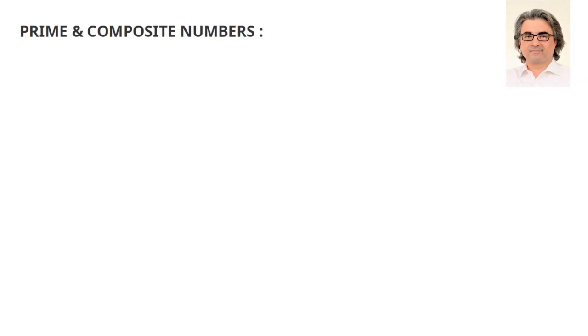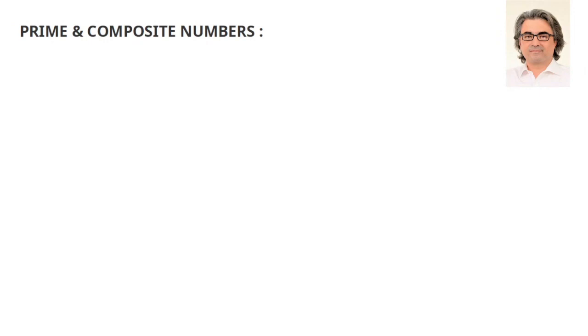There is no other divisor of 5. What about 6? 6 is not a prime number because, yes, 6 is divisible by 1 and itself, but 6 is also divisible by 2 and 3. Because of this fact, 6 is not a prime number.